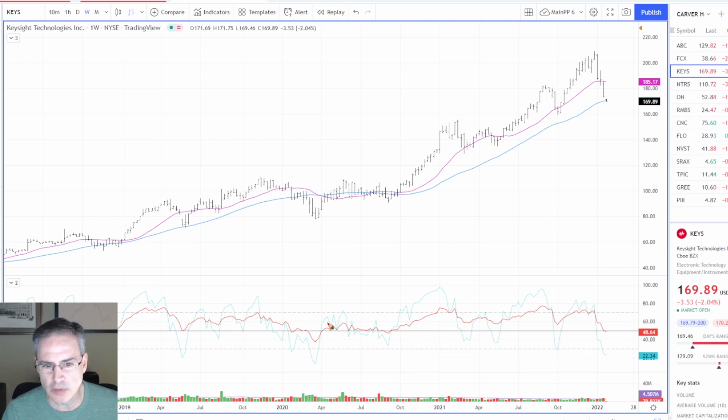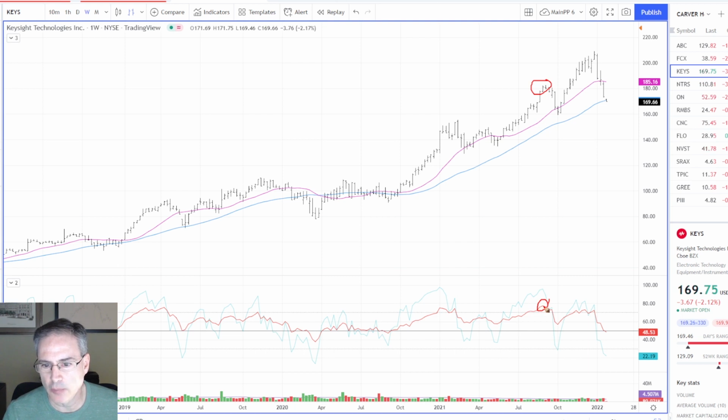And what I'm doing with these is the red line is helping me determine the trend, the strength of the trend, almost in the way of a momentum indicator, almost a replacement for ADX in a way, because I want to see new highs confirming the price action. So we see a new high here along with the price.